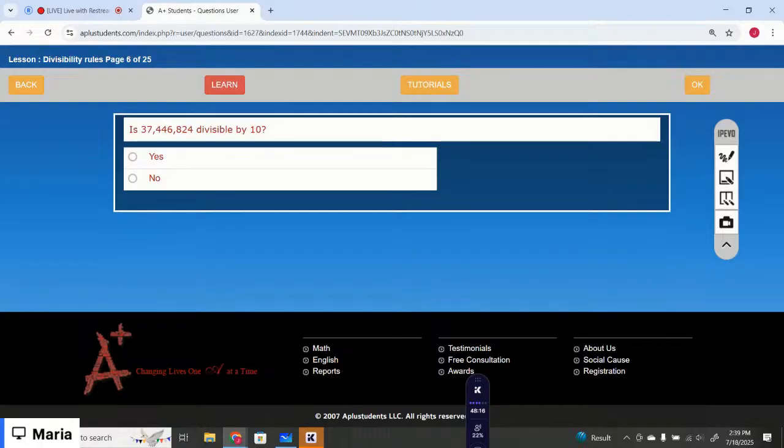Is 37,446,824 divisible by 10? The correct option is no, the number is not divisible by 10. Option number 2 is the correct option.